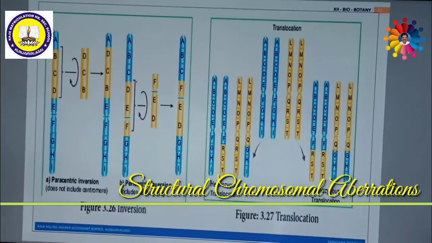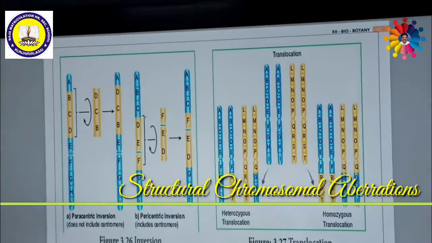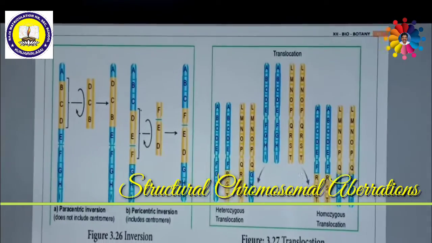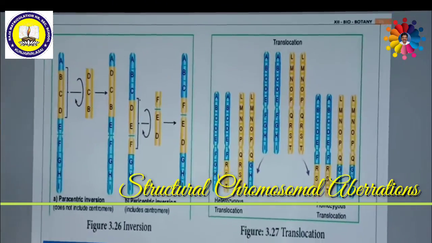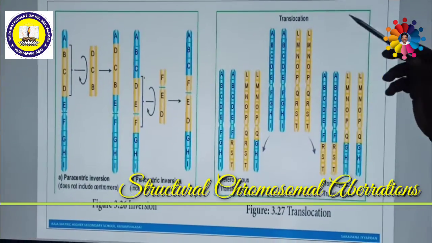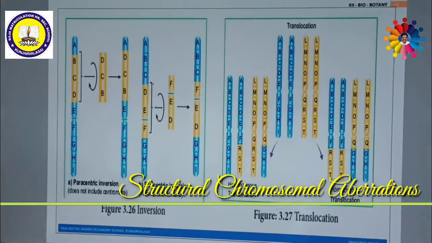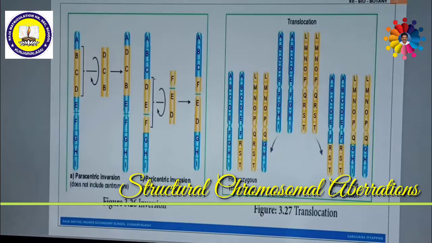Next we are going to see inversion and translocation. What are inversions? Inversions are nothing but the genes' positions being reversed by 180 degrees. So this is called inversion.